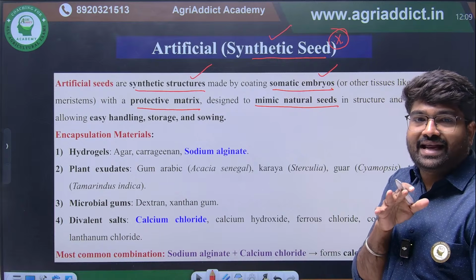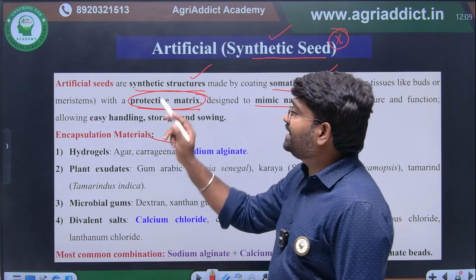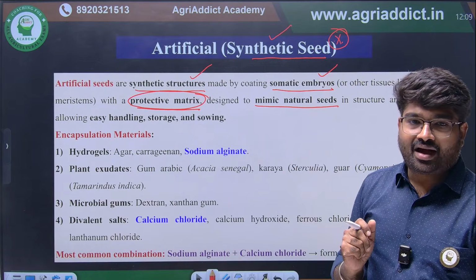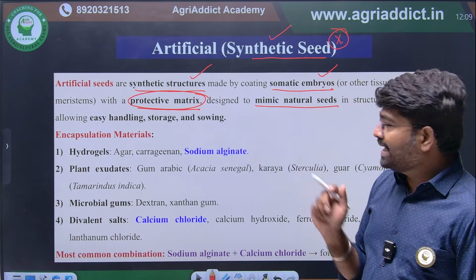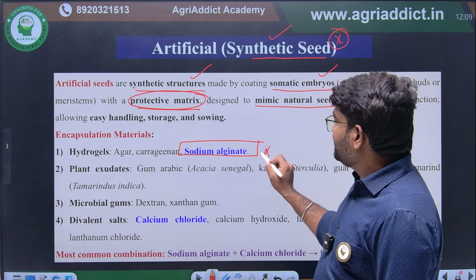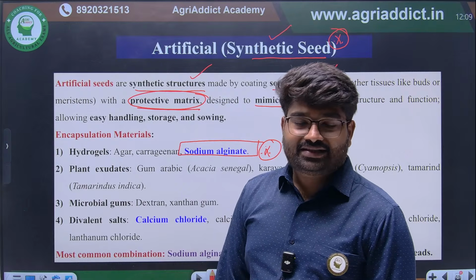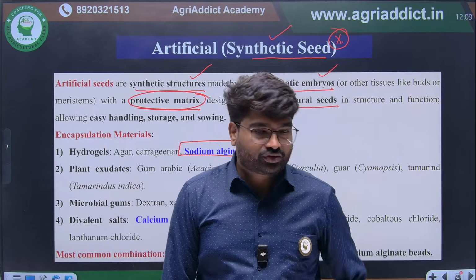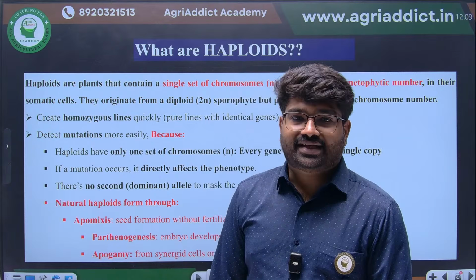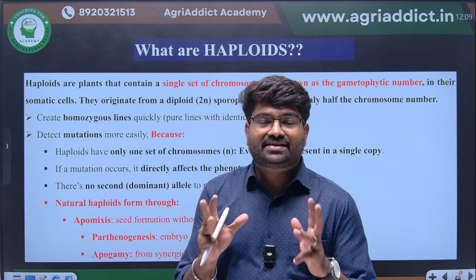The question they ask repeatedly is: what is the protective or encapsulating matrix used in synthesizing artificial or synthetic seed? They will use sodium alginate. This is the hydrogel commonly used. This is the most important objective question you have to remember. Sodium alginate is primarily used for synthetic seed production.